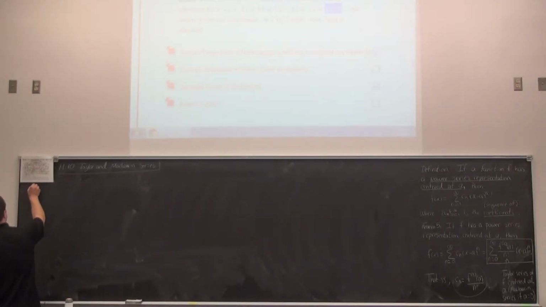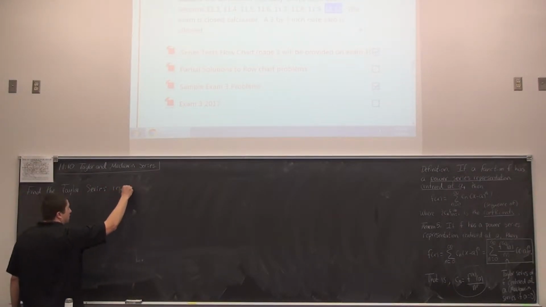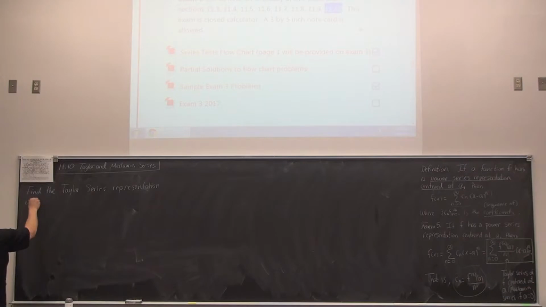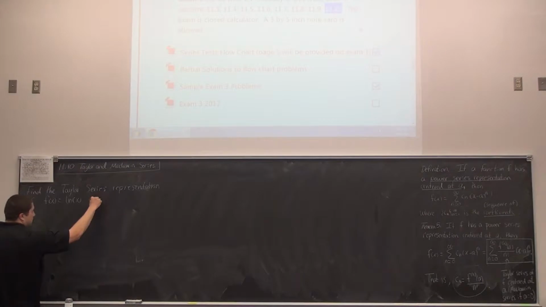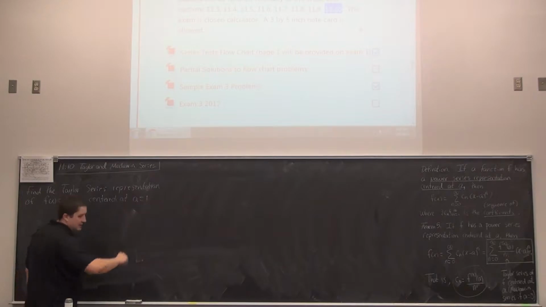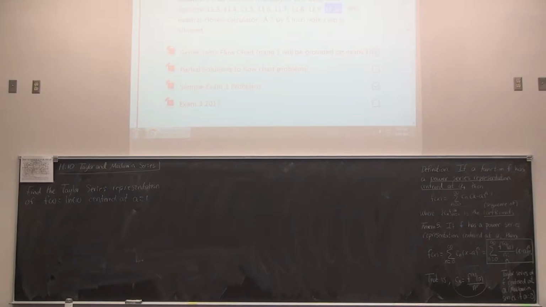The instructions would say, find the Taylor series representation of, let's let it be f of x equals the natural log of x centered at, let's say a is 1. Yeah, let's go with a is 1. So we want the Taylor series representation of the function natural log x at a is 1.